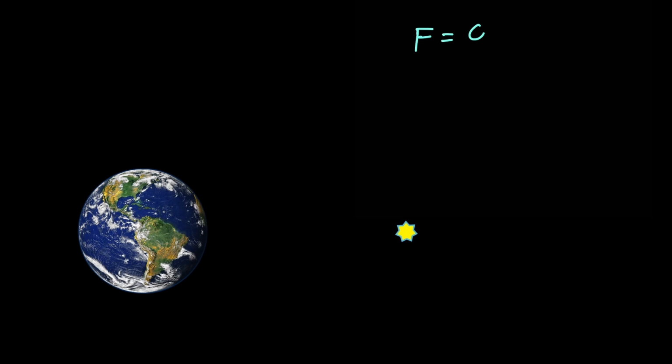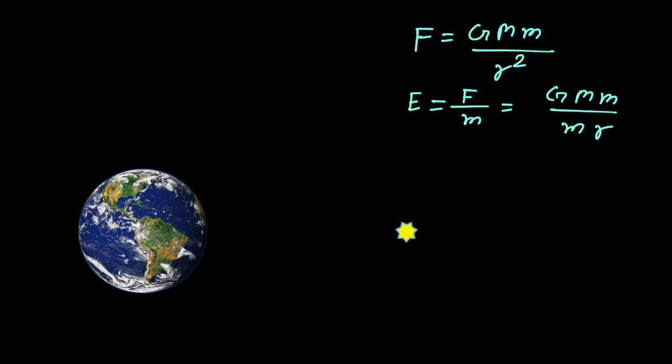The field strength for any massive object is calculated using a point mass. A hypothetical point mass is positioned anywhere in the field and gravitation force is calculated. Therefore, gravitation force is F = GMm / r². If we divide F by mass m, we get gravitation field strength E = F/m = GMm / (m r²).